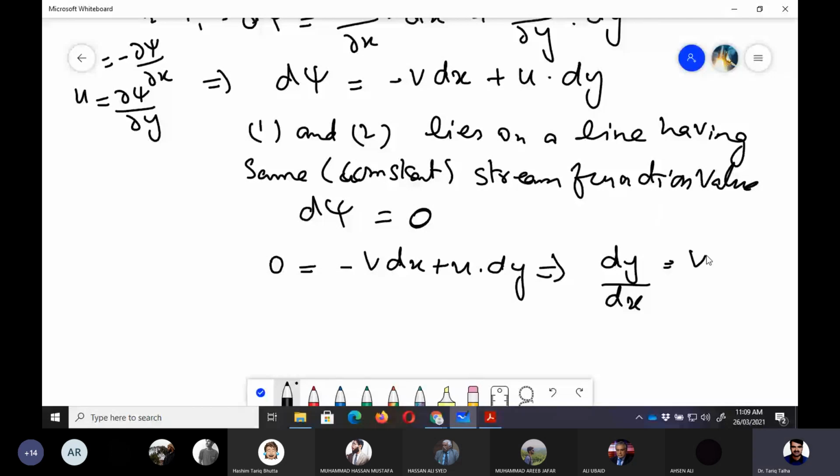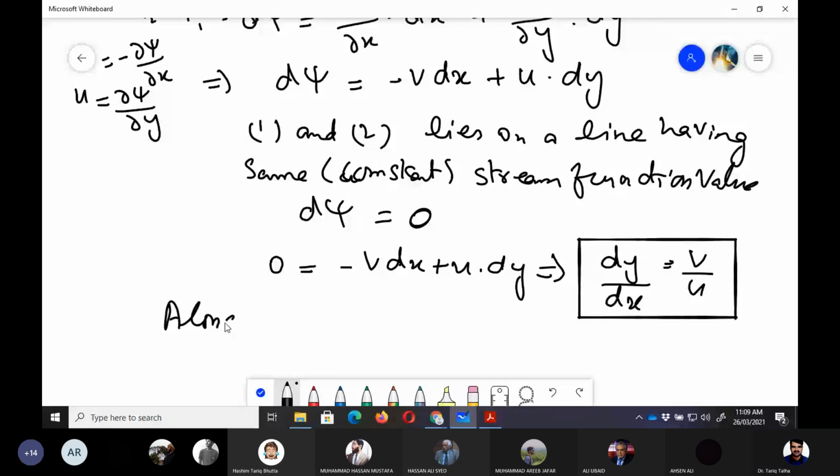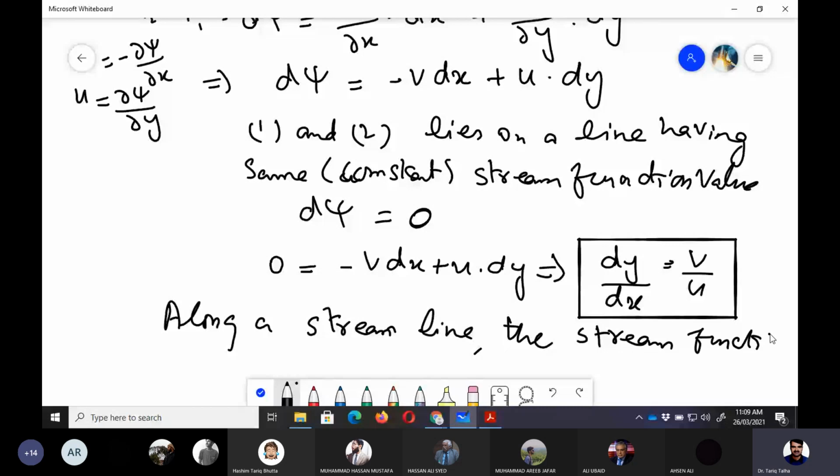If you recognize that it is the same slope which was obtained for the streamline, it means that we can say that along a streamline, the stream function value remains constant.